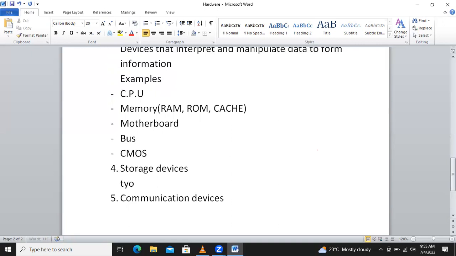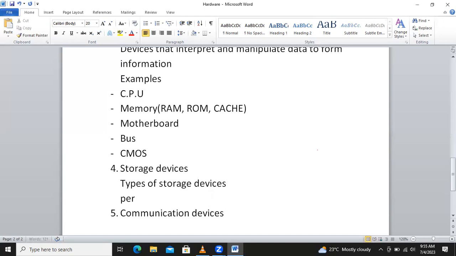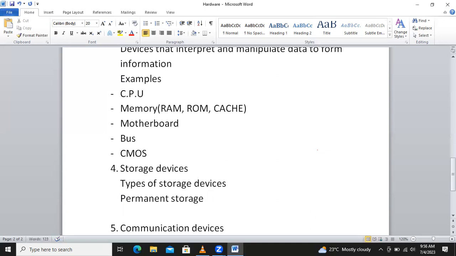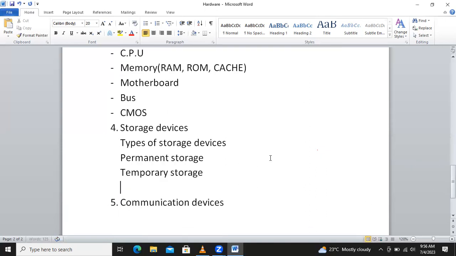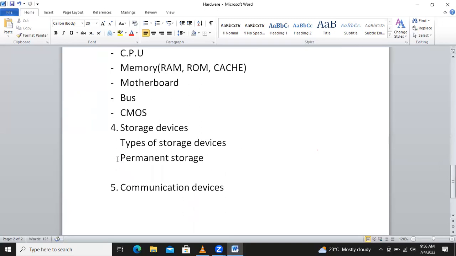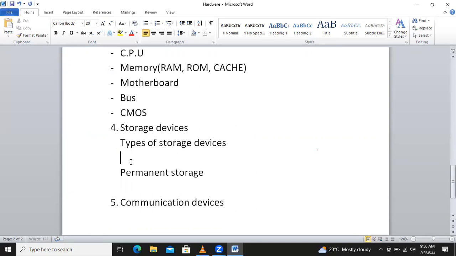So with these, there are two types of storage devices: the permanent storage and the temporary storage. Let us start with the temporary storage because it's not too much.